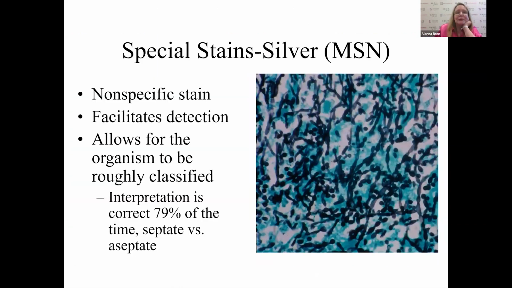And then certainly special stains. Silver is a non-specific stain. It facilitates detection of fungal elements, and it allows for organisms to be roughly classified, with a 79% correct identification based on special stains.